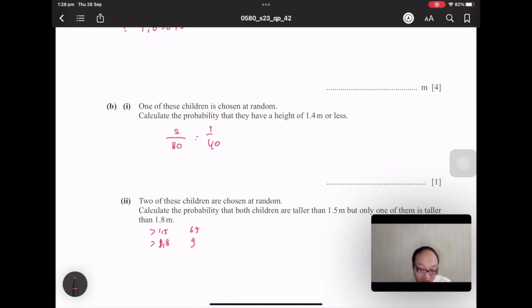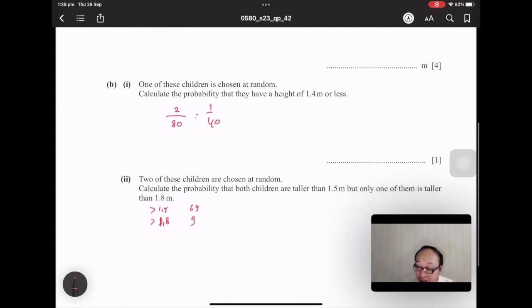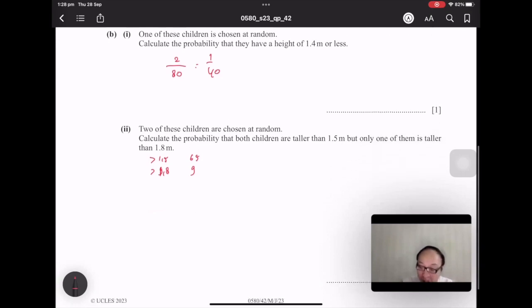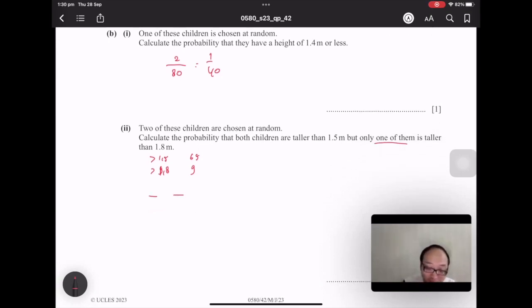So calculate the probability that both children are taller than 1.5 meter, but only one of them is taller than 1.8. So that means the first one should be between 1.5 until 1.8.